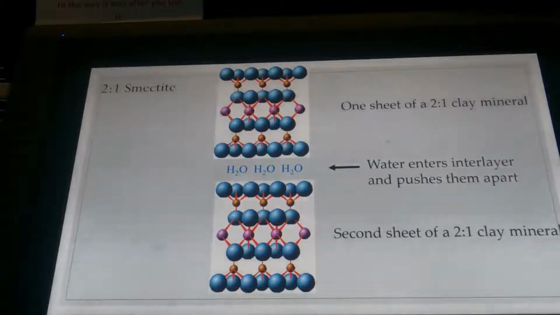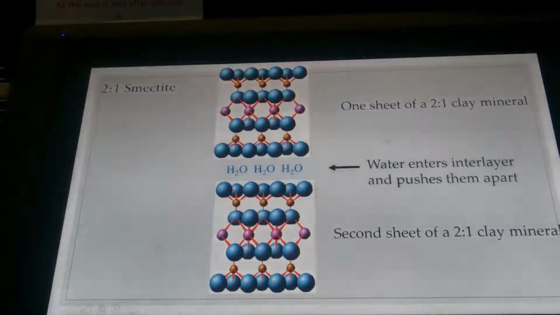Here's just a kind of diagram to explain. We have our 2-to-1 on top of a 2-to-1, and water gets in between each of those 2-to-1 layers and causes some expansion. And then also there's water coming in between.